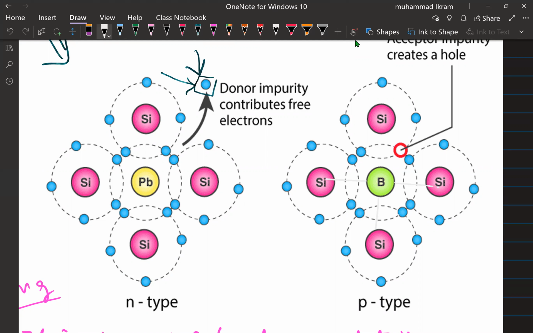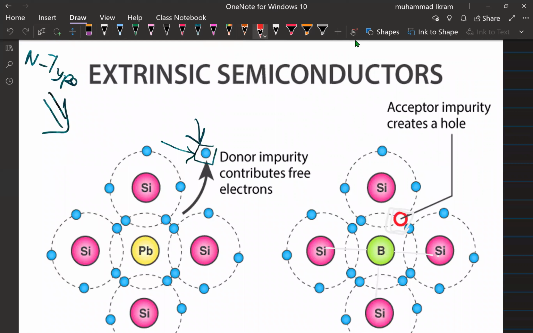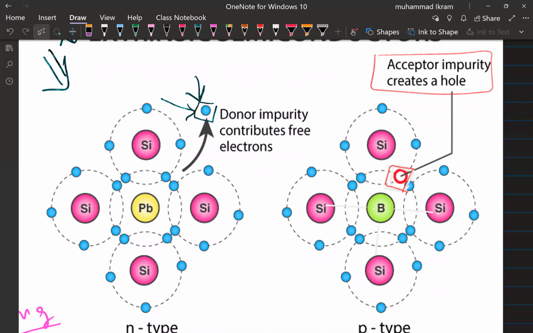But for this one, it doesn't find any pair, and what is created? A hole is created. This acts as an acceptor impurity hole, right? And it is in search of, as I told, it is a kind of vacant seat and is in search of an electron.